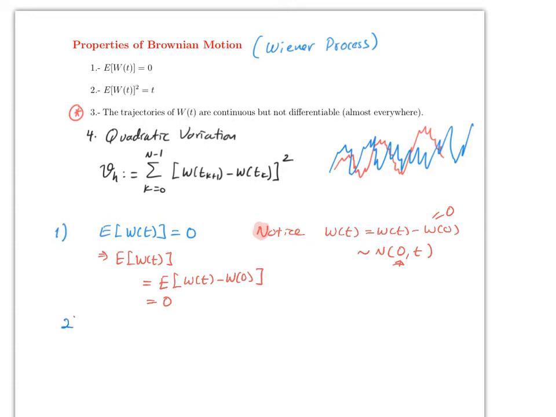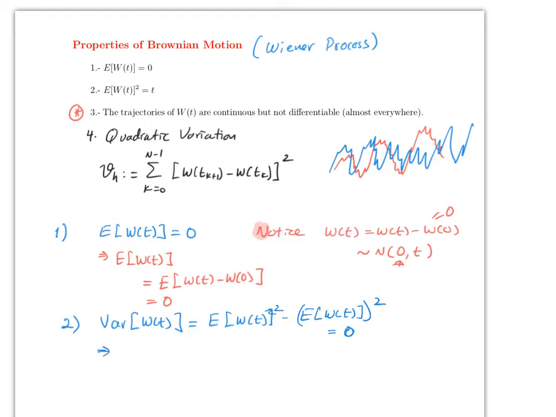Now, number 2, notice that the variance of Wt by definition should be equal to the expected value of Wt squared minus the square of the expected value of Wt. So this is the definition of variance. But we just showed that this part was equal to 0 from part 1.